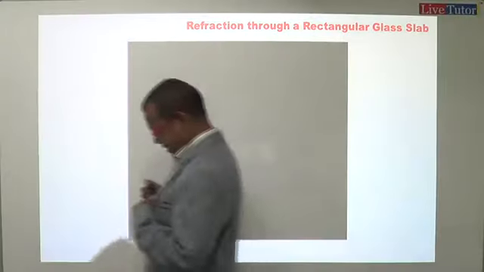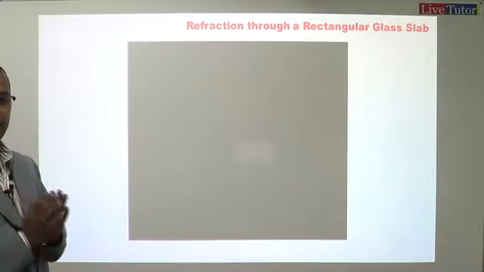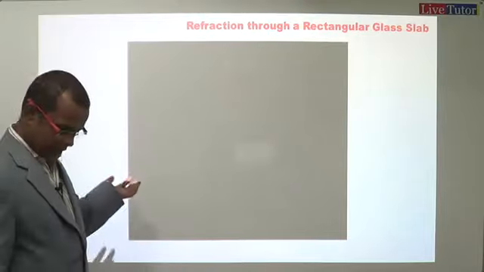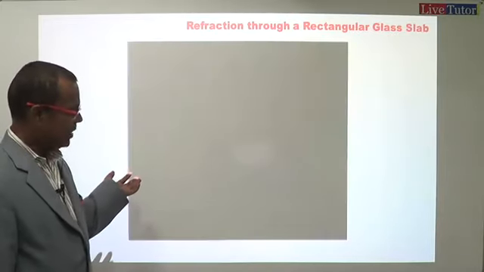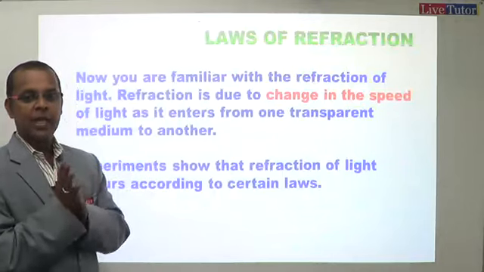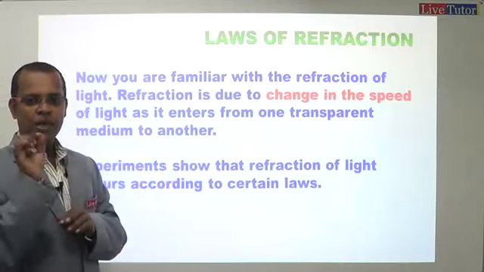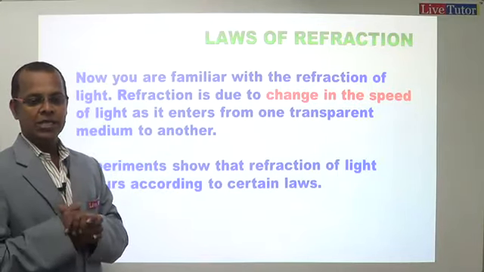Right. Now we have seen that for every angle of incidence, the ray is refracted at a different angle, right? So all these experiments show that when light is traveling from one medium to another medium, it is getting refracted. But in the previous video you have seen, at one particular angle there is no refraction taking place.